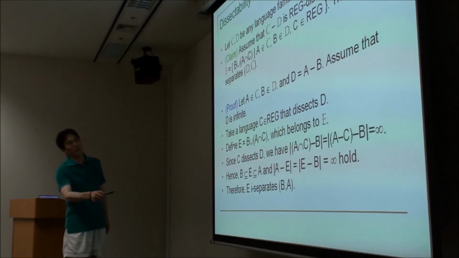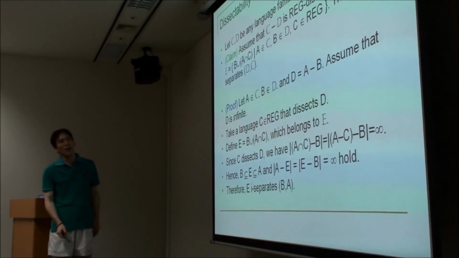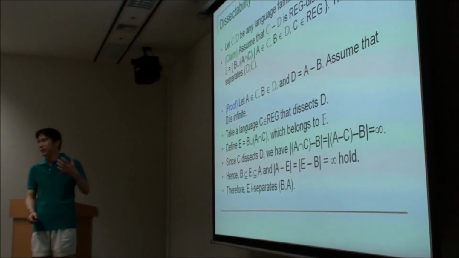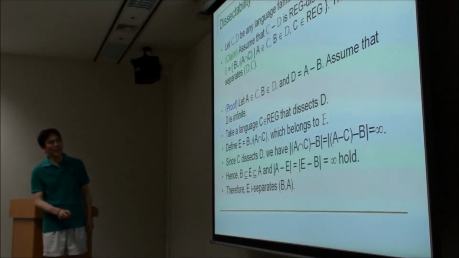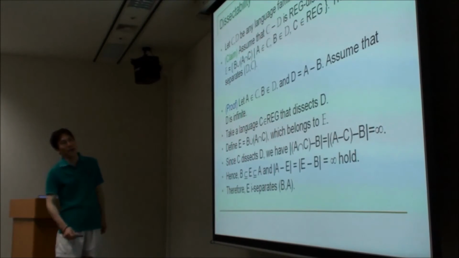Dissectability implies, by a simple calculation, that this set and this set are both infinite. Using this choice, we can prove this, and this clearly states that the set E I-separates B comma A.